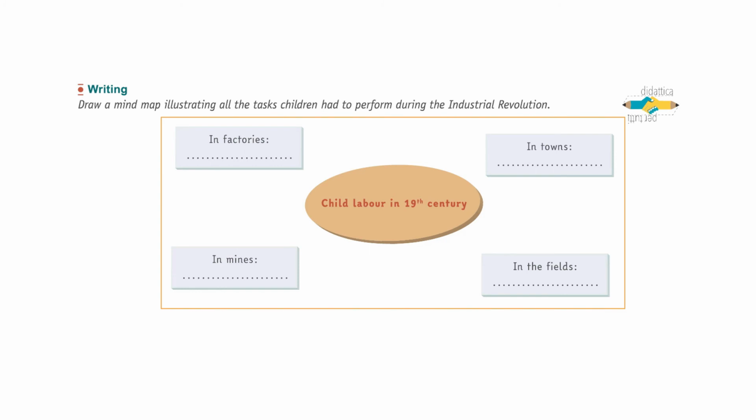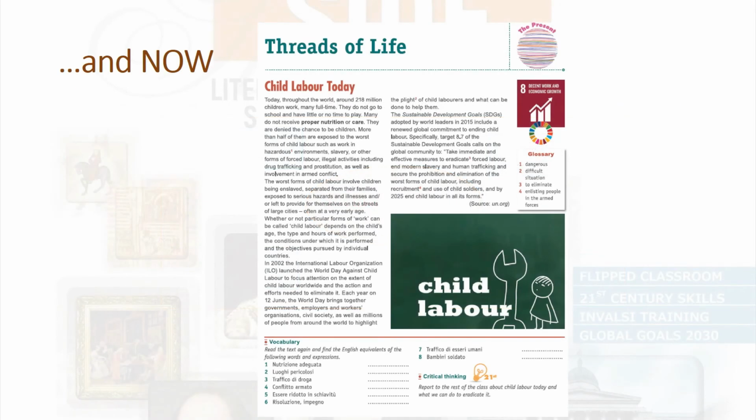Again, just another example of an inclusive teaching activity. Again, a mind map. This is about child labor in the 19th century. Okay, let's follow the threads of life, and they will bring us to present day society, to the contemporary age.